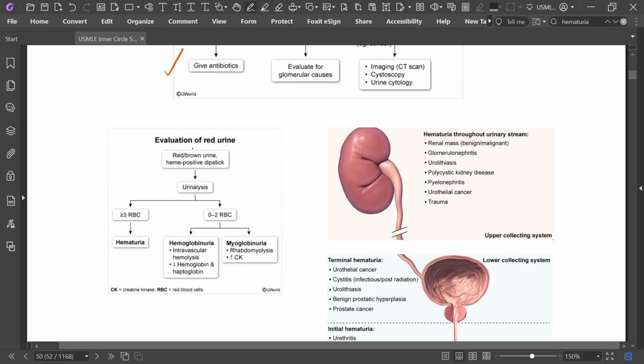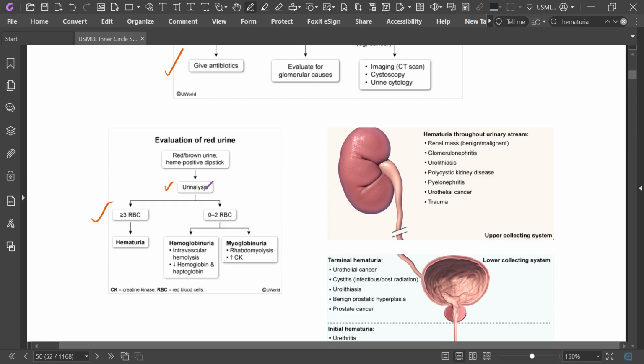Okay, evaluation of red urine. If there is red or brown urine and heme positive dipstick, do urine analysis. In urine analysis, if there are 3 or more RBC, it is hematuria.